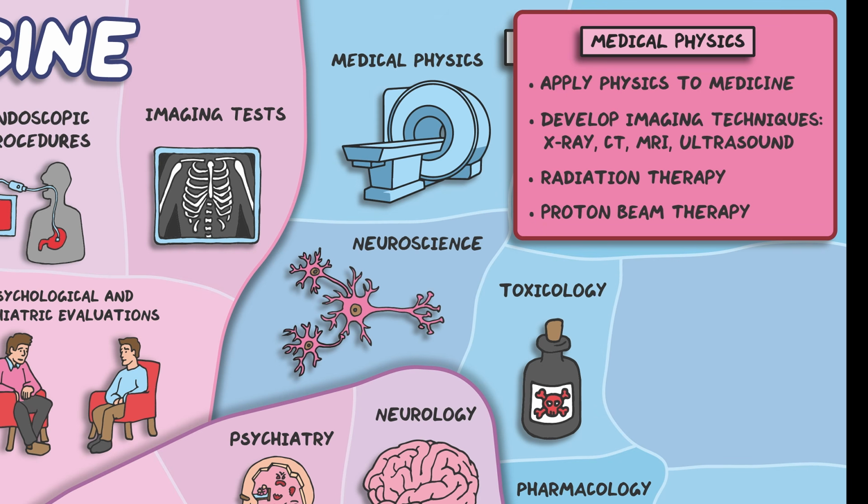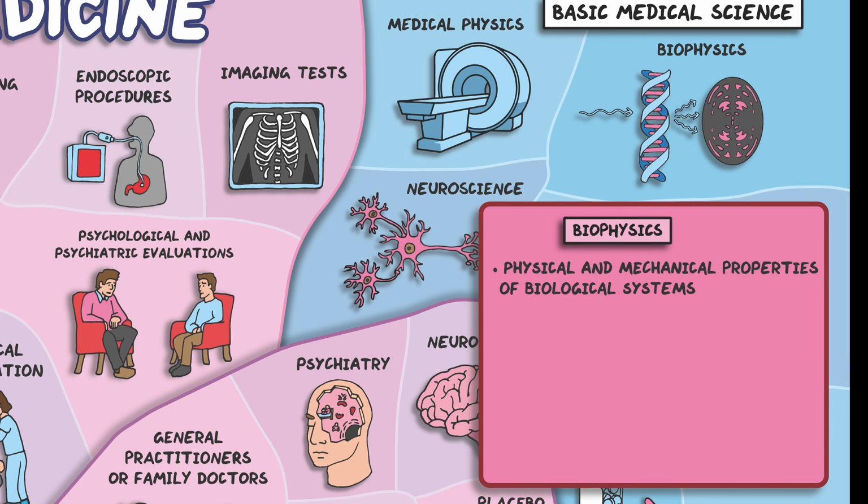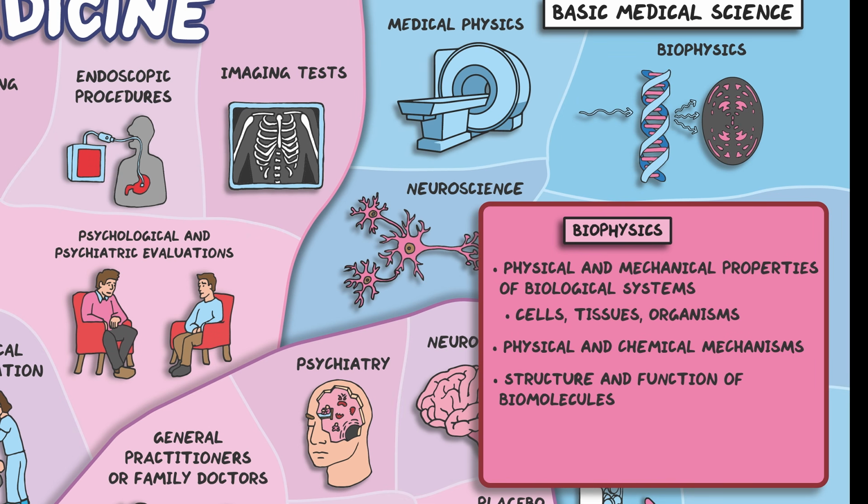Still in the realm of physics, but distinct from medical physics, is biophysics, which focuses on the physical and mechanical properties of biological systems, including cells, tissues, and organisms. It seeks to understand the fundamental physical and chemical mechanisms that underlie biological processes, such as the structure and function of biomolecules, such as proteins and nucleic acids in molecular biophysics, or in cellular biophysics, which focuses on the study of the physical properties of cells and their interactions with their environment.